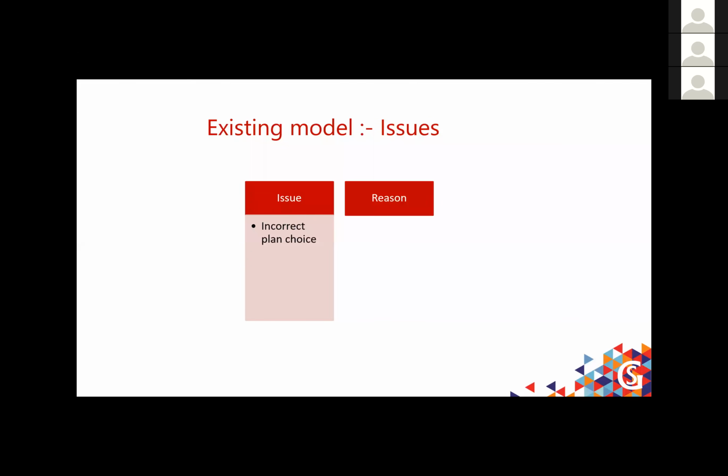So let me move on with the session. As I said, there are some cases where you can have an incorrect plan choice. What are the typical reasons for it? The reasons can be inaccurate stats or plan cache reuse.